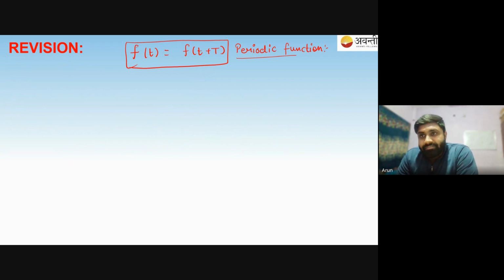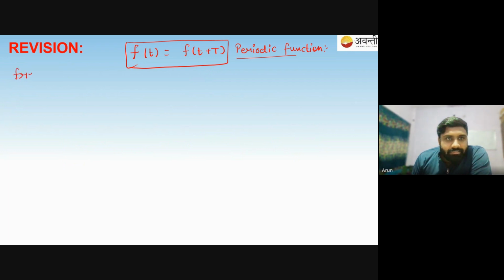For oscillatory, we need to move one step further, that a motion should be to and fro kind of motion. But in periodic motion, not every motion is possible in such a way. So all the periodic motion is not oscillatory, but all the oscillatory motion is periodic motion. Got it?